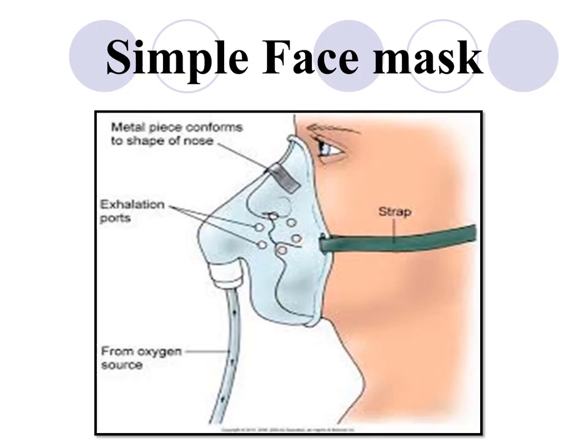It is connected with a source of oxygen, either a cylinder or a wall outlet. There are some holes here for exhalation, and also metal pieces that help to fix the mask over the nose.